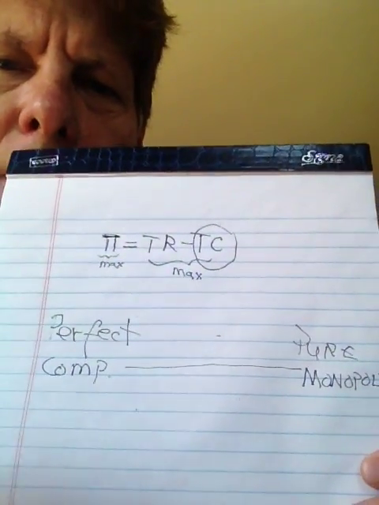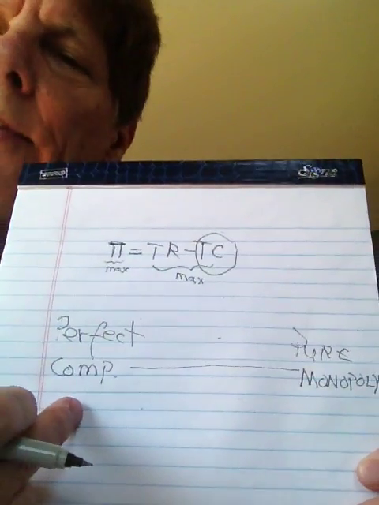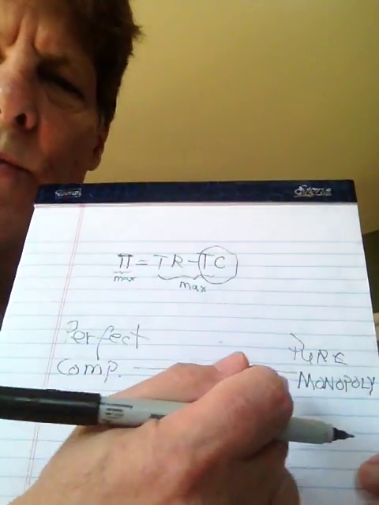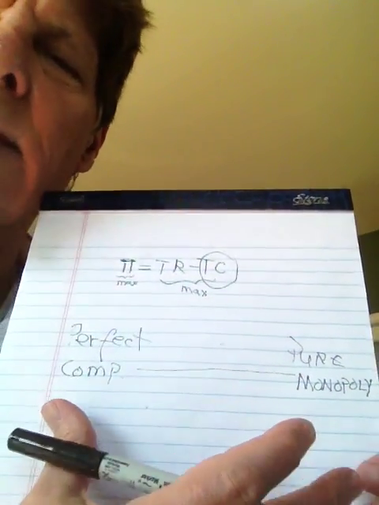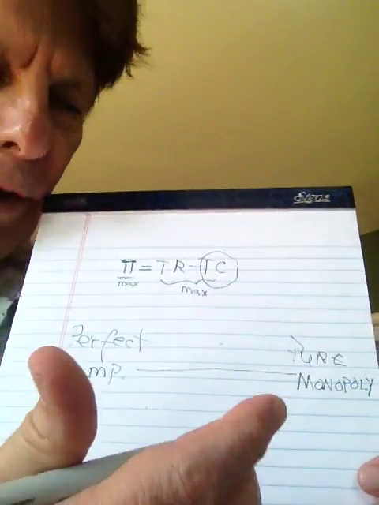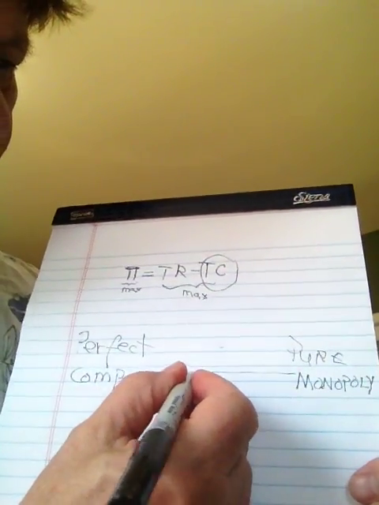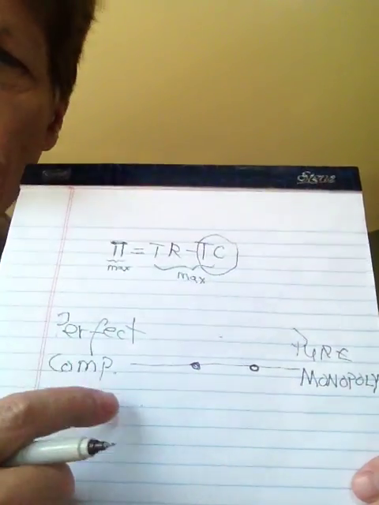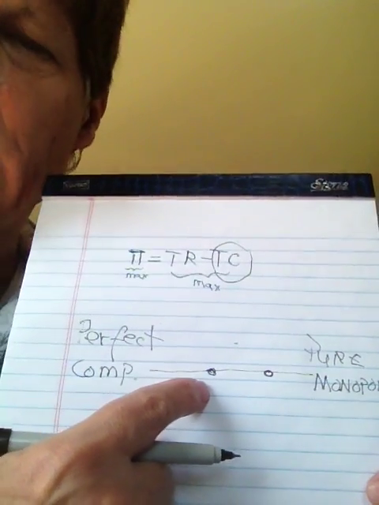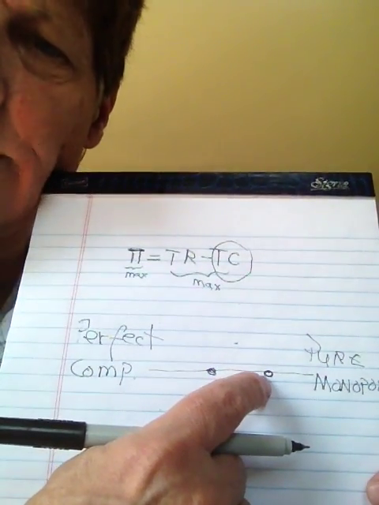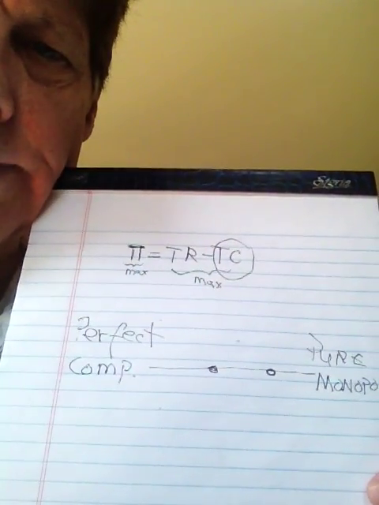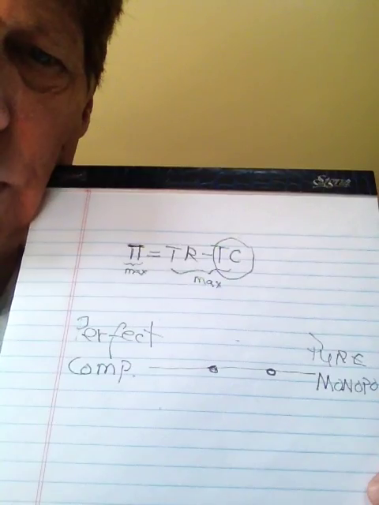So we're going to start with pure competition, and then the next chapter is going to go directly to pure monopoly, so that we can immediately determine the distinctions between the two. After that, we're going to look at more realistic market models of industries, monopolistic competition and oligopoly. But we're going to start with pure competition, or perfect competition as your authors call it.